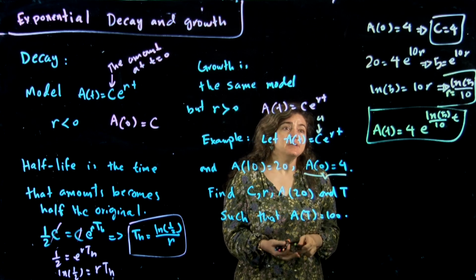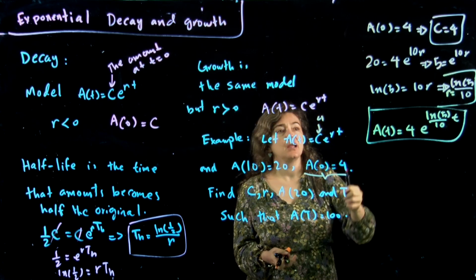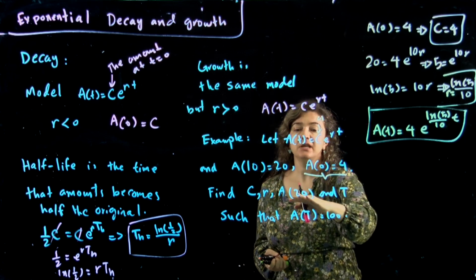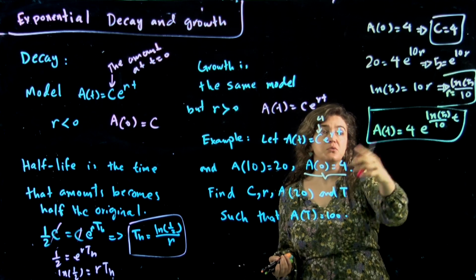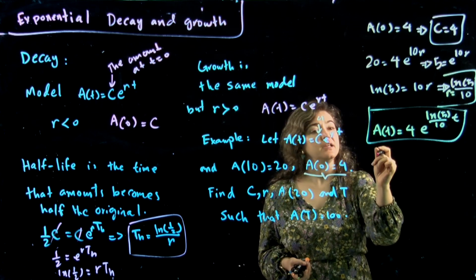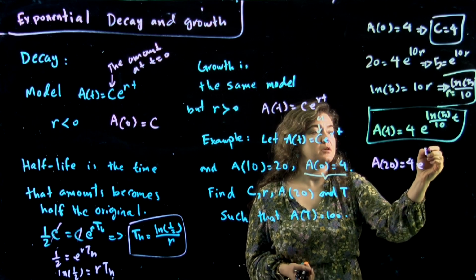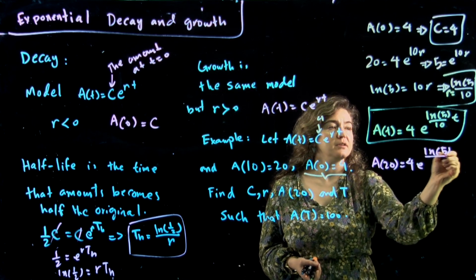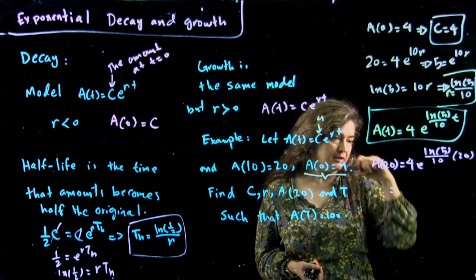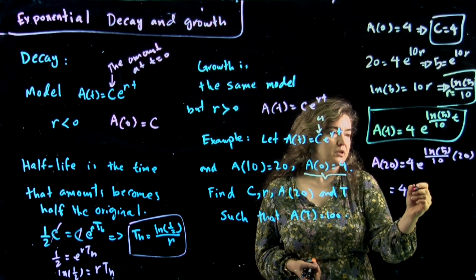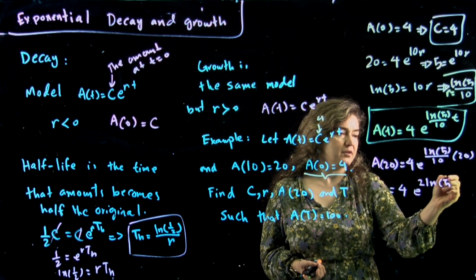Okay. The next thing to do is use this piece of information to find a of 20, because now I have a model. I can plug in 20 and get something out of it. So a at 20 is equal to 4 e to the power ln of 5 divided by 10 times 20. So this is going to be equal to 4 e to the power 2 ln of 5.